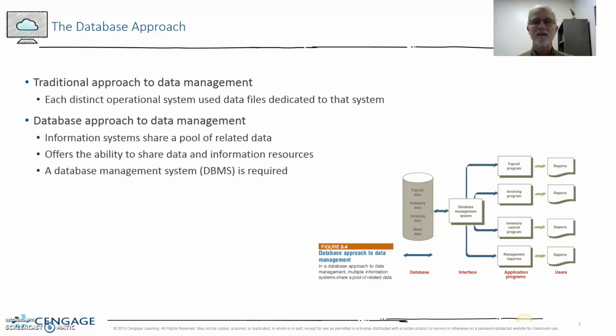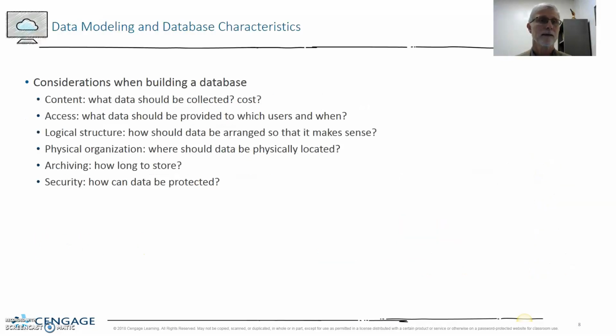And that's where this database approach to data management works. Now I put everything in one database, and let a database management system deal with how I get what I need for the different functions being asked for.